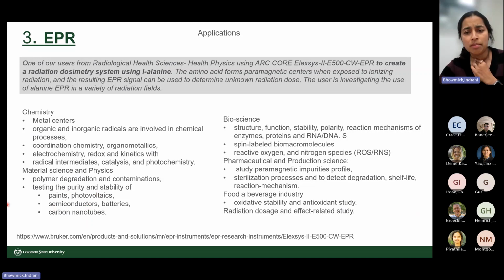Similarly in bioscience, chemistry and biochemistry have lots of overlap, so you can study the stability of RNA and DNA mechanisms. You can do spin labeling studies using EPR, and oxidative and antioxidant studies can be done with EPR, because that's what it looks for, the presence of radical or oxidative species.